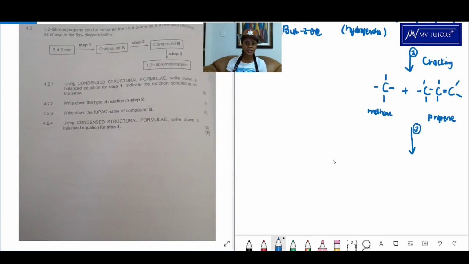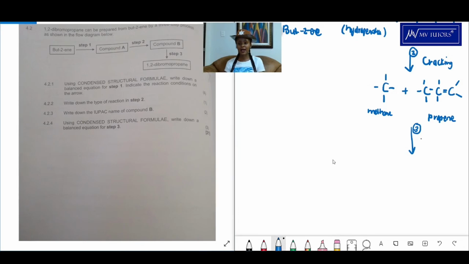So step number 3, I have this compound B. I then need to take this propene and add something to it, because my final product is not an alkene, it is a haloalkane. So what am I going to add to it to get a haloalkane? I will add a halogen.